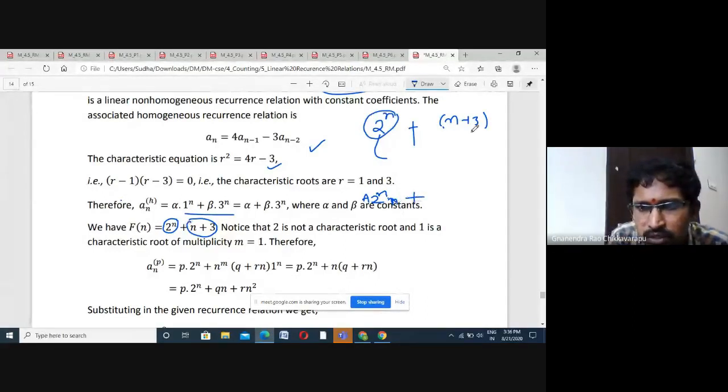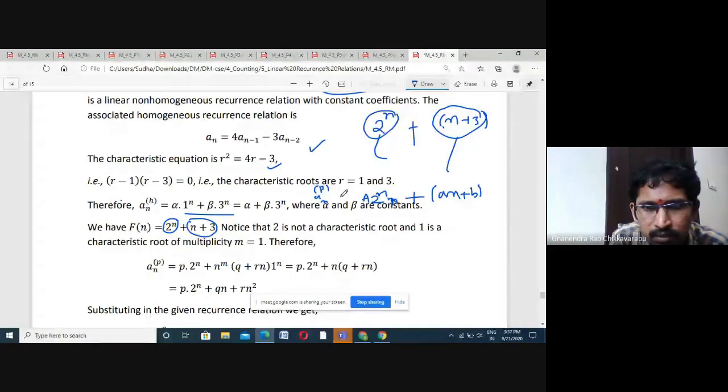Now n plus 3 is a polynomial of degree 1, so you write the general form of a polynomial of degree 1, say an plus b or a plus bn, no problem, you will get the values. This is the general form of a_n^p.